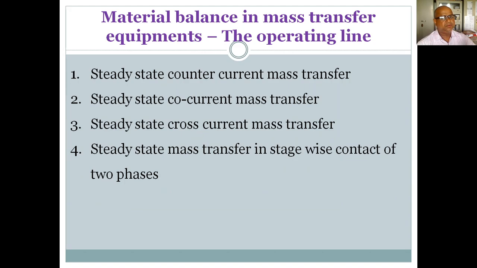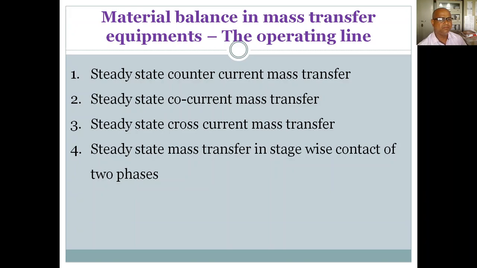So equipment will generally be of four types based on its flow pattern. First one is steady state counter current mass transfer. I already told you, we will always design the equipment under steady state, because chemical plants run in continuous mode with steady state.